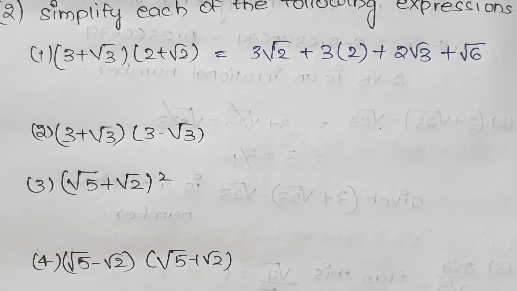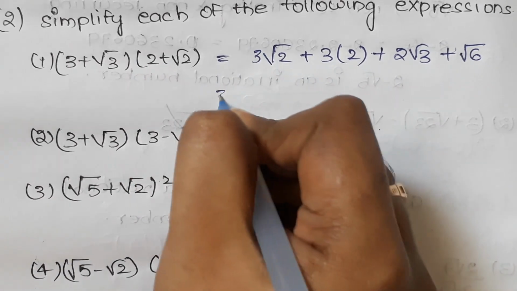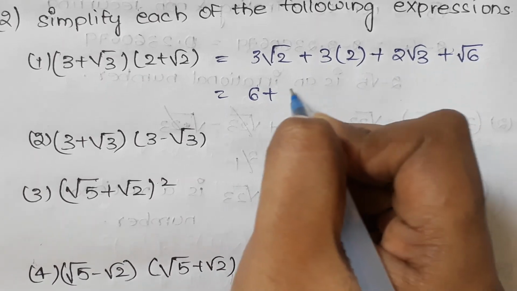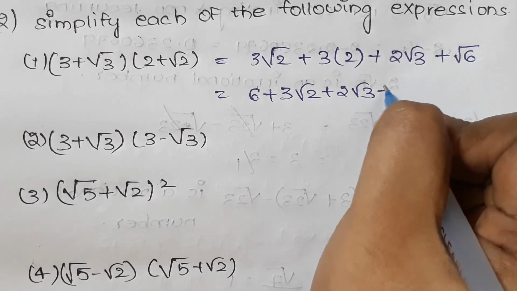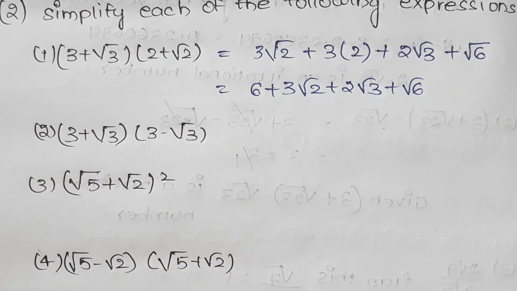And this is the simplification of this given expression. Now we will get, here we have 3 into 2, 6 plus 3 root 2 plus 2 root 3 plus root 6. And this is the first one.